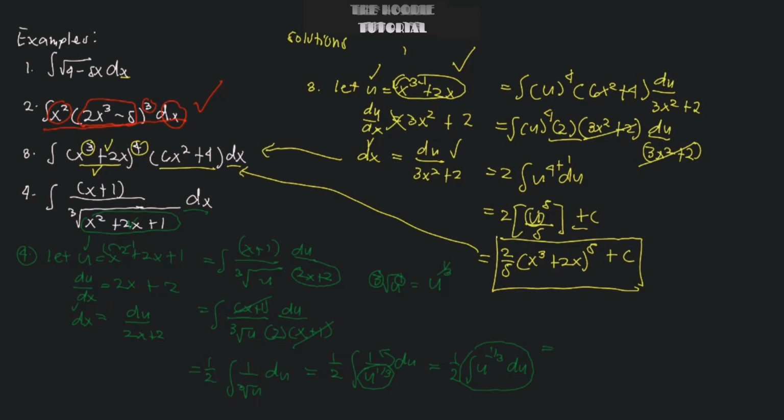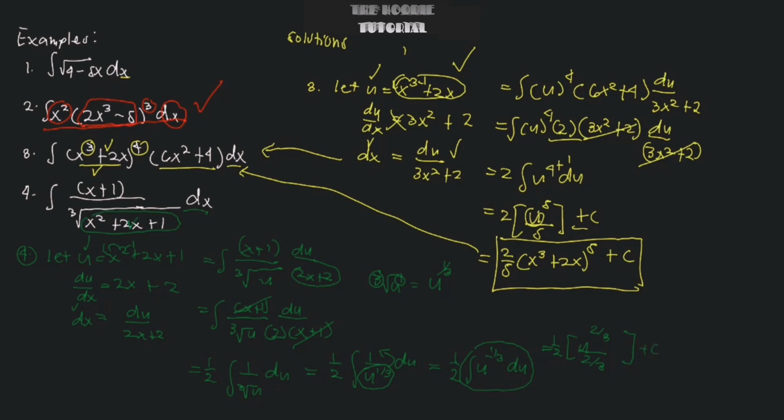That would become 1/2, and then u, we have our exponent negative 1/3, so let's just add 1 to that. That would become u raised to the power of 2/3, and then divide by that exponent 2/3, and then plus c.